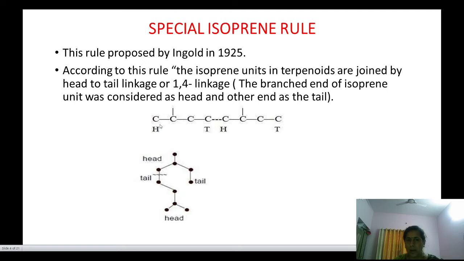This is the head, 1, 2, 3 and here 4, that is the 1,4 linkage. From here also 1, 2, 3 and 4, that is a 1,4 linkage. This is head to tail arrangement, and this is the tail. From 1, 2, 3 and 4 here also there is a head and tail arrangement.